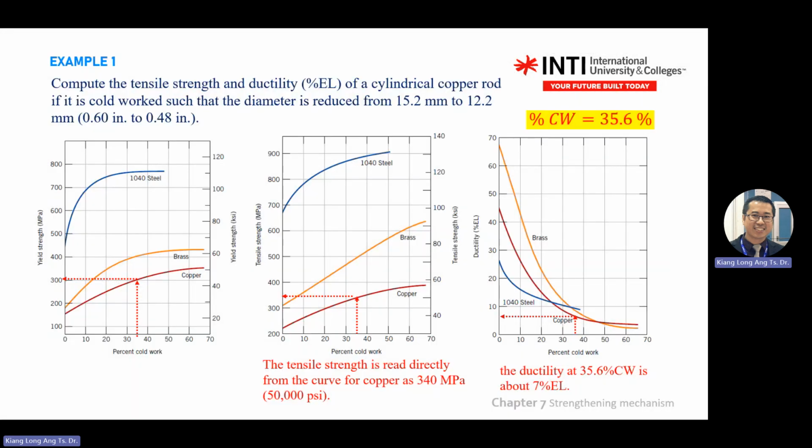How does this graph link to your question? In chapter 5 or chapter 7, there's one question that gives you safety factor, design safety factor, or factor of safety. Right? So you need to be careful to use the correct graph.